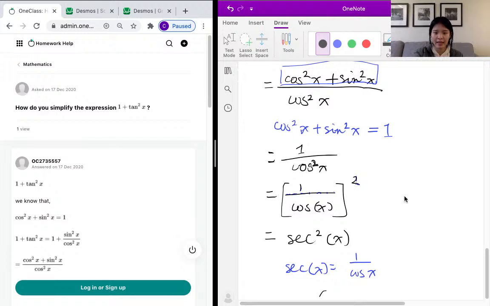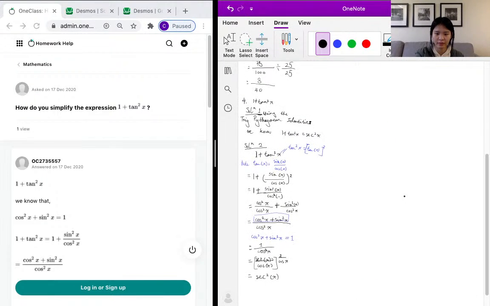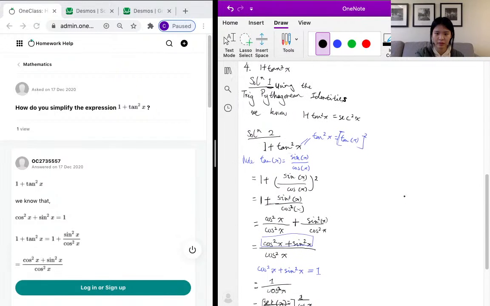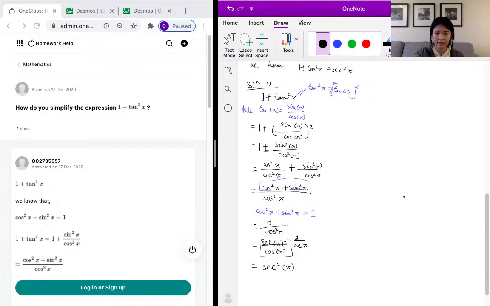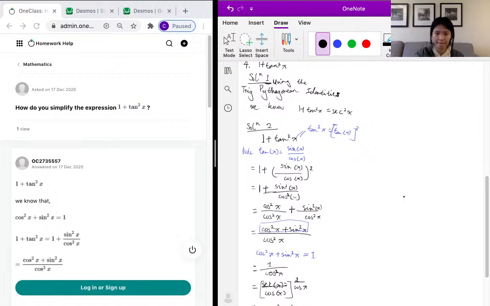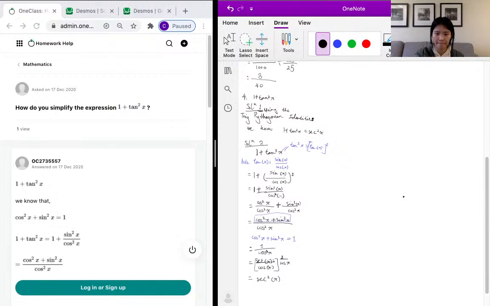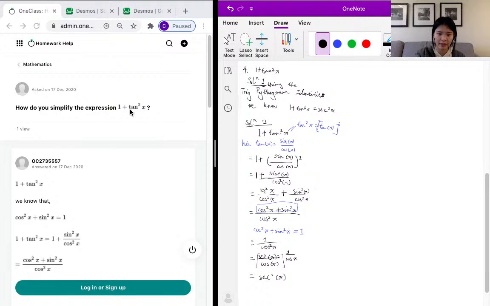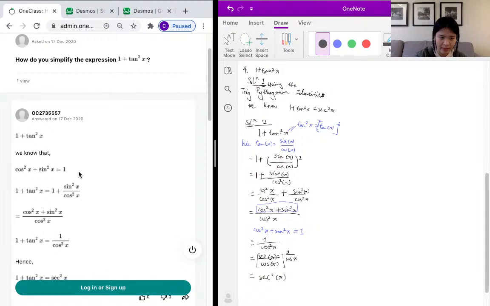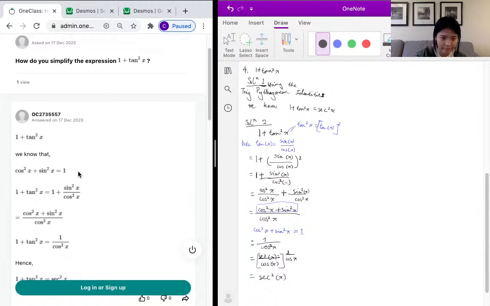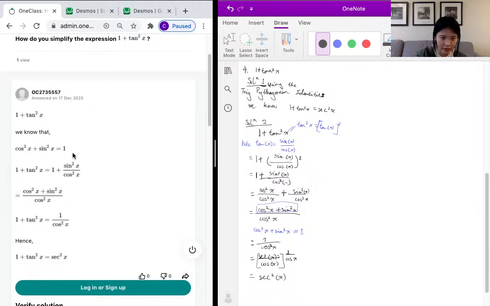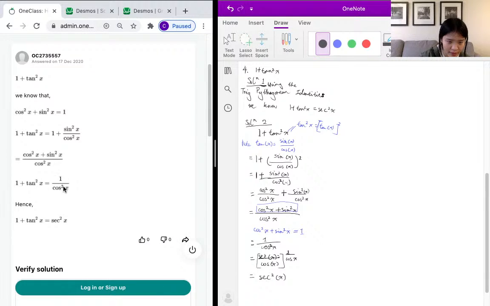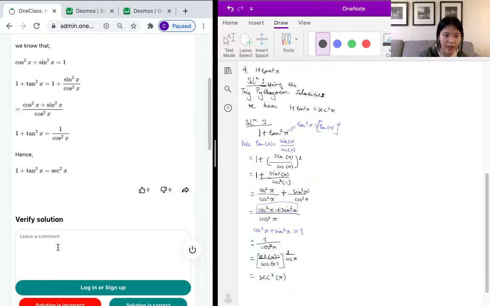And now let's look at our sample solution over to our left. Okay, so our sample solution over here to our left, yes, they had the same simplification process as us.